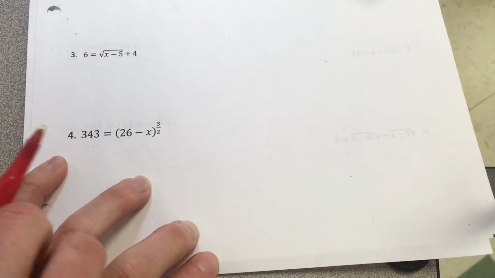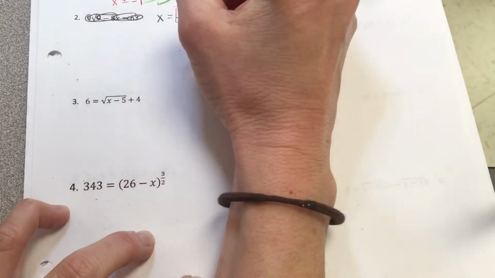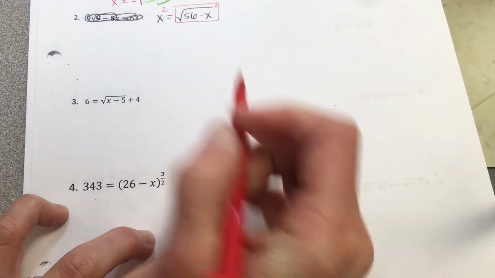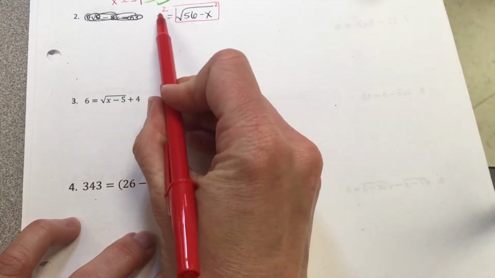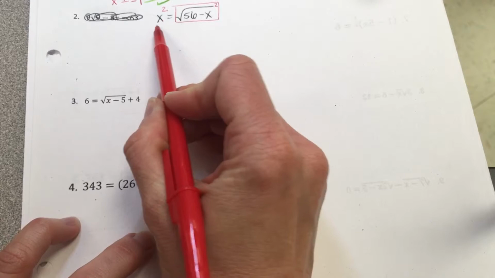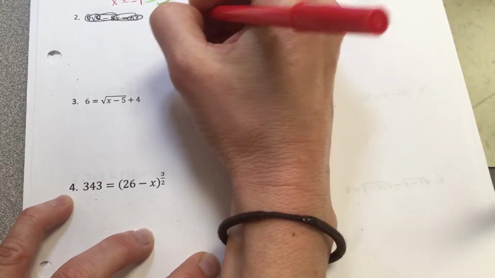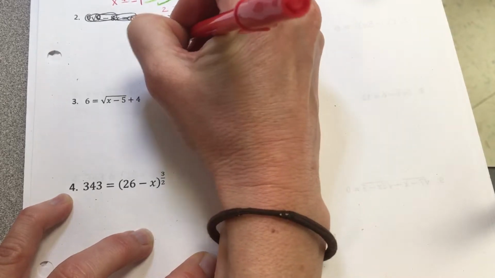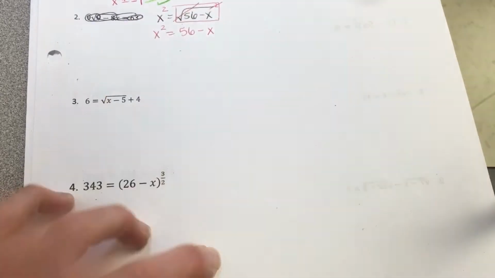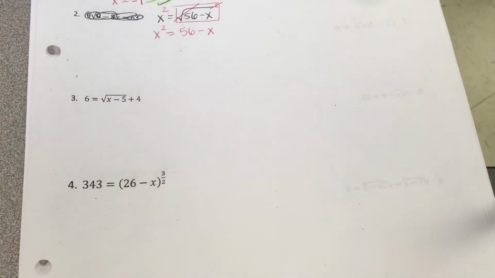How do you get rid of the square root? You square both sides. So what am I left with right here? X squared. And here the square root and the square cancel. Okay? So I have x squared equals 56 minus x.